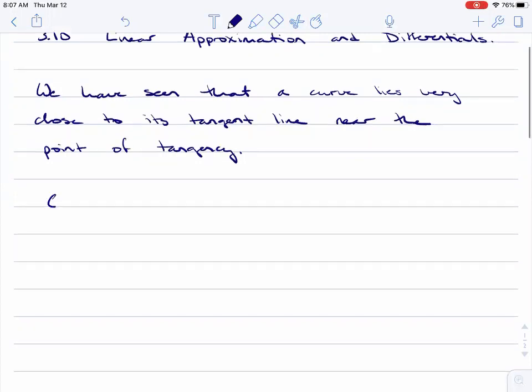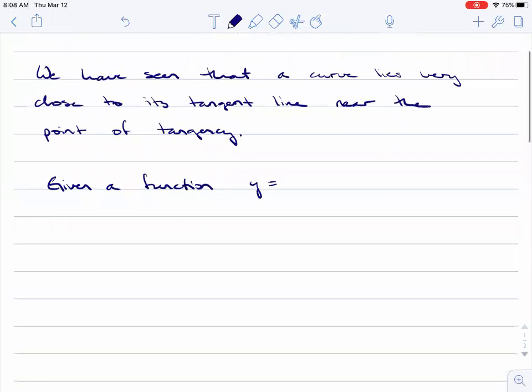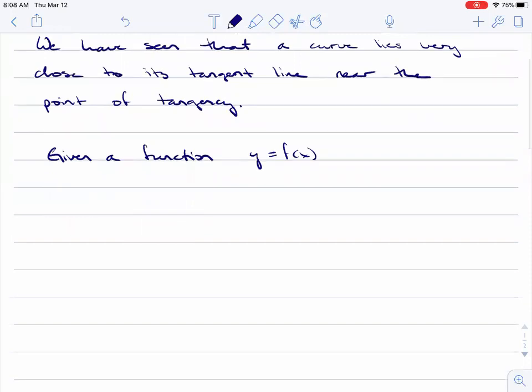So if we're given a function y equals f of x, we can approximate the function y at some point.